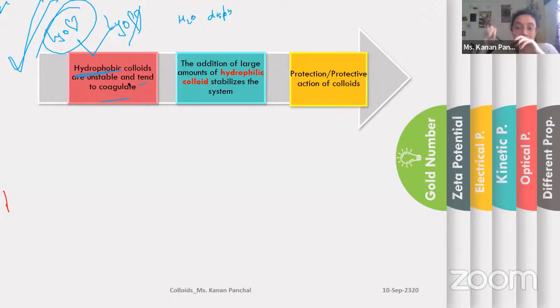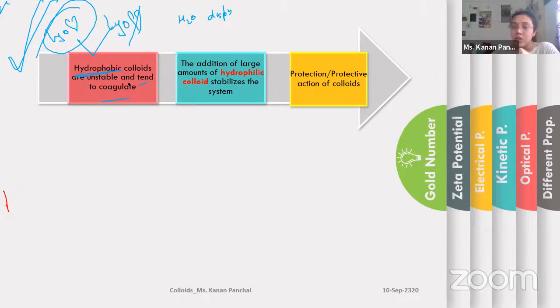So imagine you are at a family function where you and your cousins are enjoying, but you all get bored with the elders in the family. So what will you all do? You will tend to stay with the group of cousins, right? You all will be coagulated because you all are hydrophobic with respect to the environment, correct? So that is why these hydrophobic colloids, when present in water, tend to coagulate.